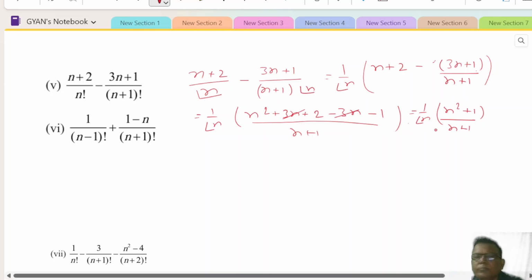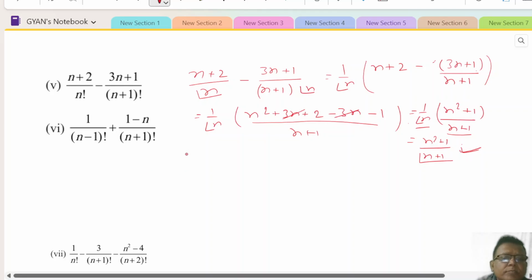And this we can write n square plus 1, and this n we include to that, so that will become factorial n plus 1. So this is the simplification.